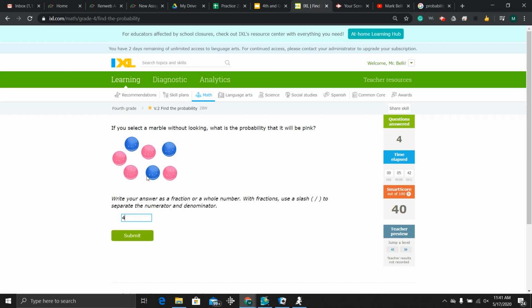But we have a total of 7. If you add in the 3 blue with the 4 pink, we have a total of 7. So we put that 4/7 is our probability of drawing a pink marble without looking.